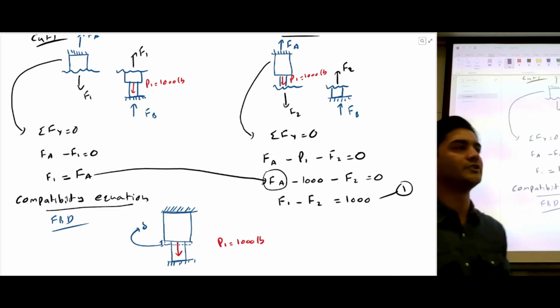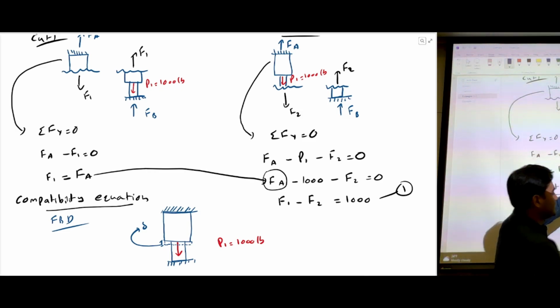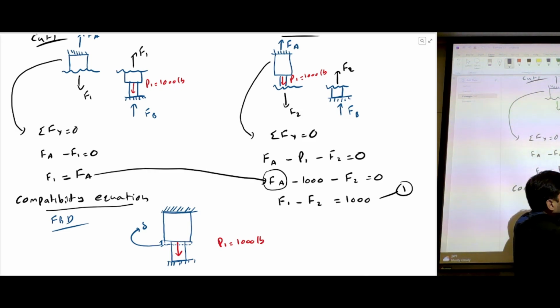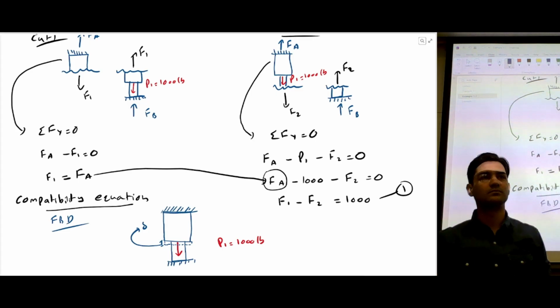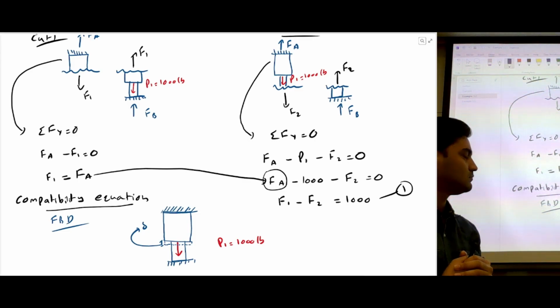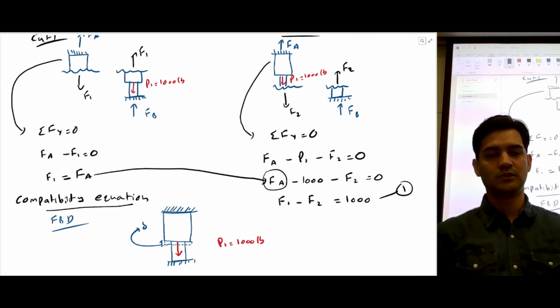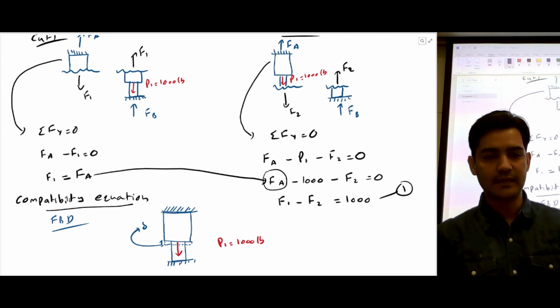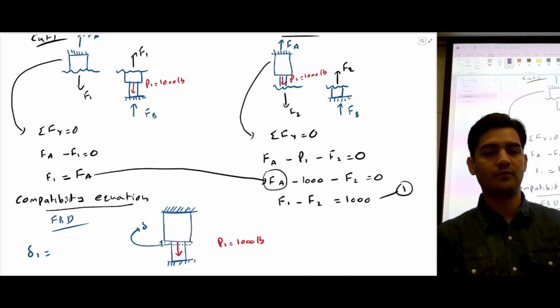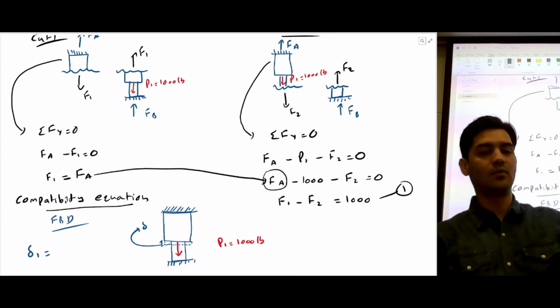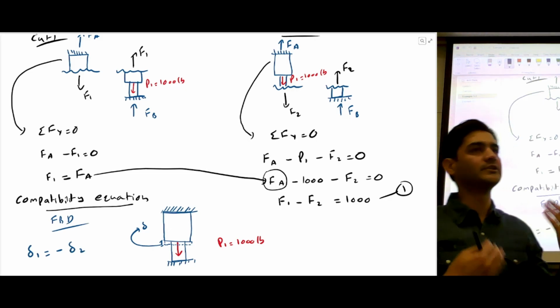This is our elongation. It makes sense, right? I mean, this is fixed, so this thing cannot move. So if you apply a force here, this cylinder 1 will elongate a bit, and by the same amount, this cylinder will be reduced. So can I say that elongation in cylinder 1 is equal to the elongation in cylinder 2?